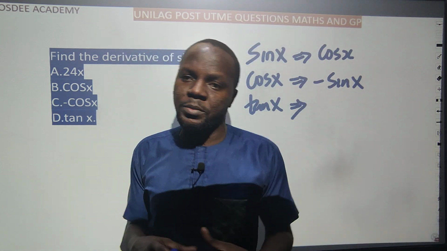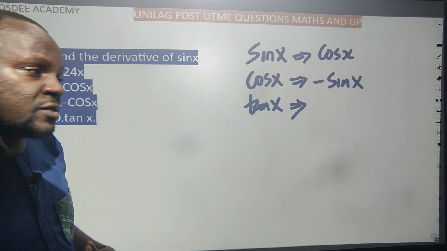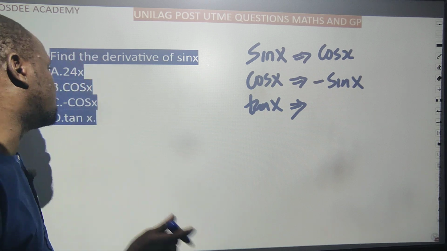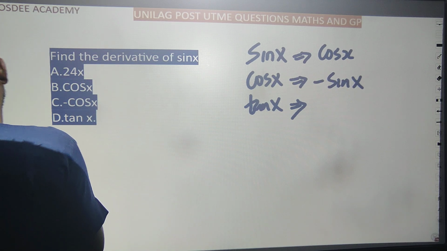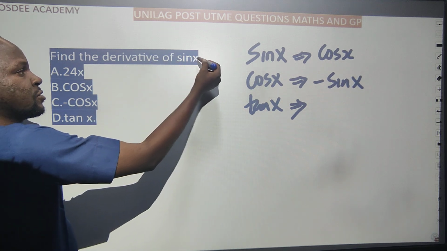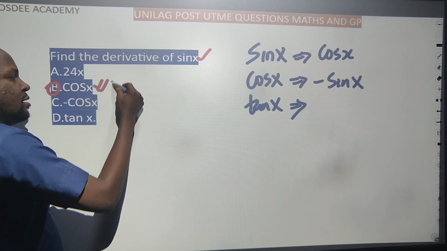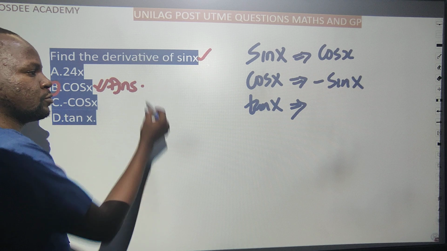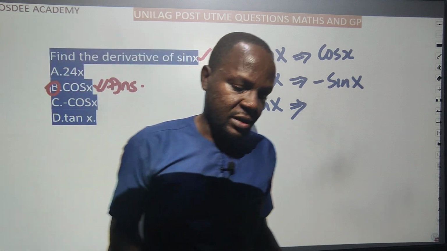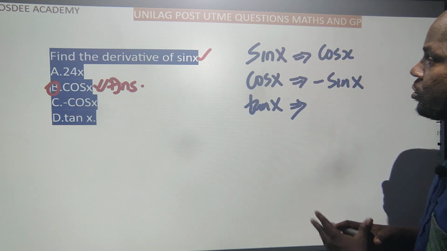If you want more about all these things, you can write us or send us a message or call us on our number. So this is definitely going to be the derivative of sin x, which is nothing but option B, the answer to this one. I don't think this should be something we need to be wasting our time on. It's just like mastering the 6 formulas of trigonometric functions.